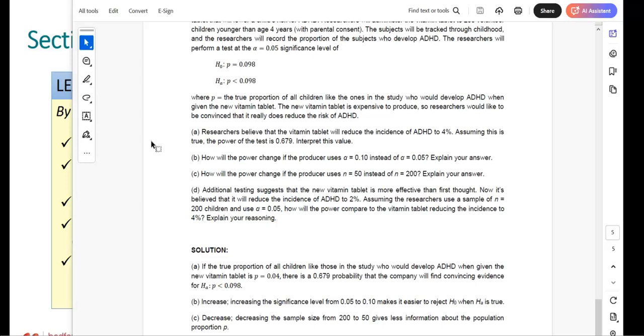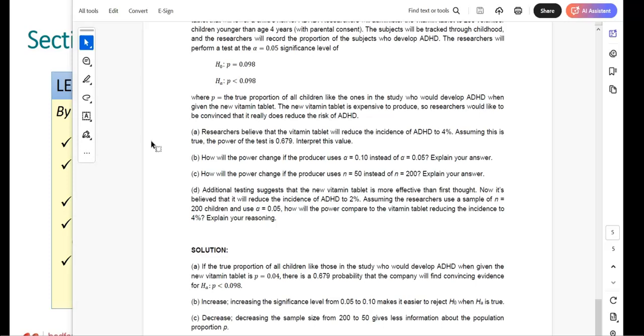Additional testing suggests that the new vitamin tablet is more effective than first thought. Now it's believed it will reduce the incidence to 2%. Assuming the researchers use a sample of 200 children and alpha is 5%, how will the power compare to the vitamin tablet reducing incidence to 4%? So if it goes all the way down to 2, that's more extreme, right?